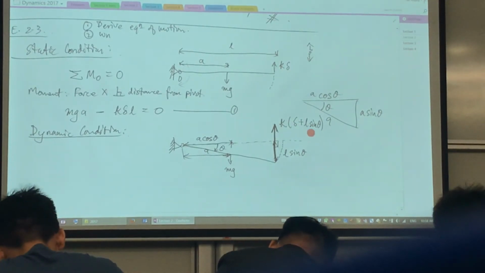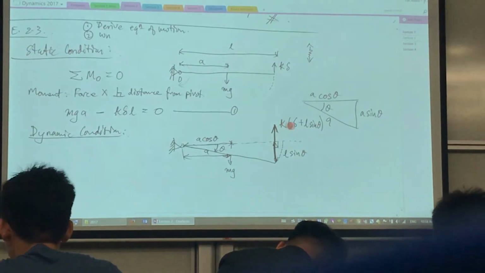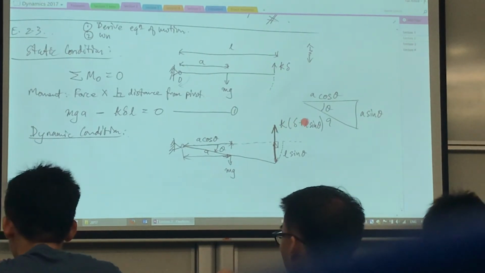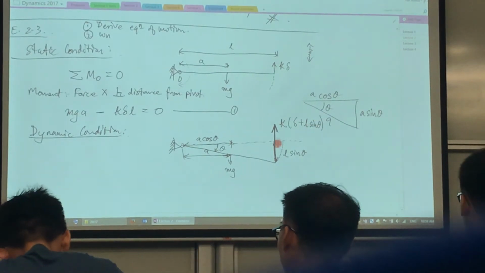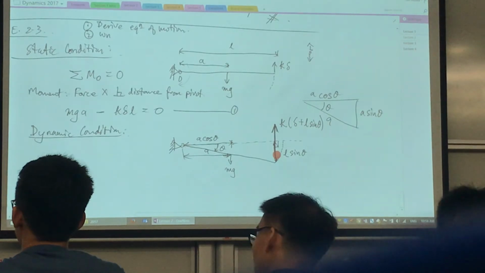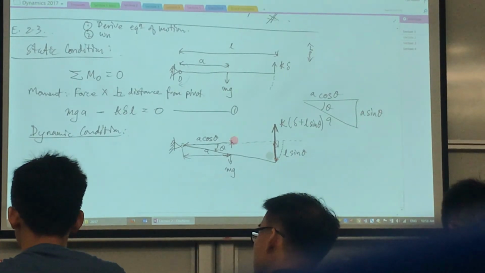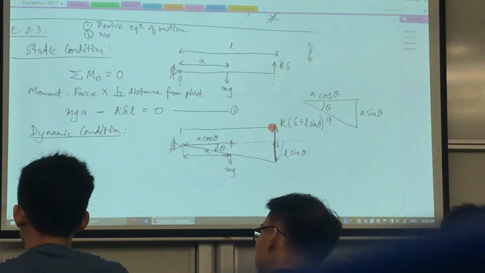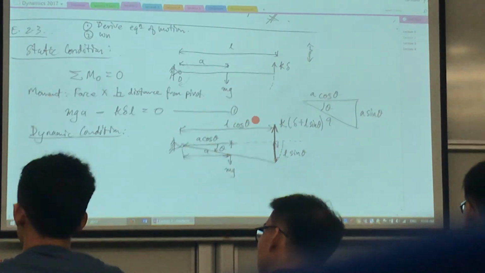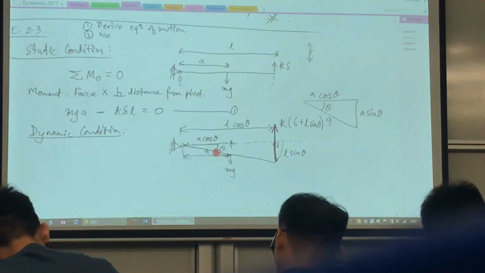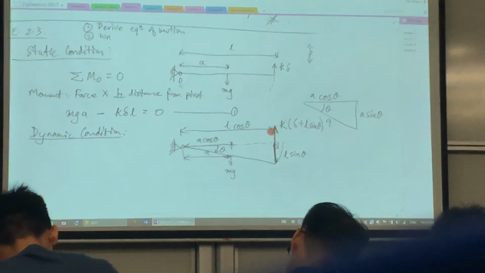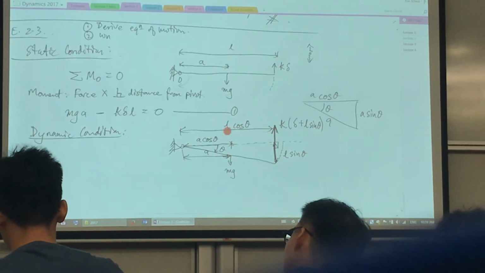Because you had seen before in dynamic condition, we used to write K bracket delta plus X, where X is that vertical displacement. So the length from here all the way to here would then be L cosine theta, because this length, this one, is L. So this is going to be a bit shorter, L cosine theta.